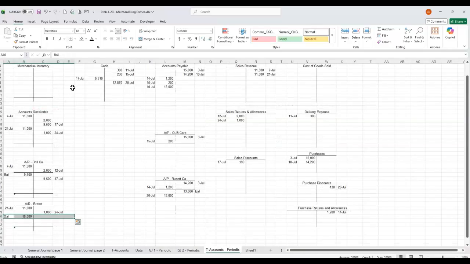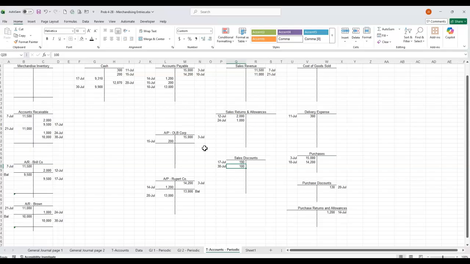So here is cash, a debit of $9,900. Here is the credit to the Brown account and the credit to accounts receivable. Debit to sales discounts. So debit sales discounts, debit cash, total of $10,000. Credit accounts receivable for $10,000.